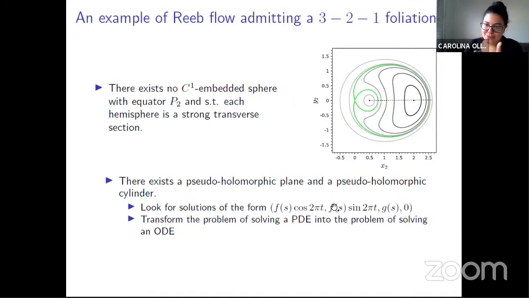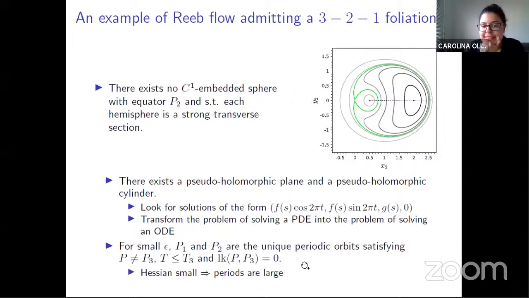And so when you put it into the Cauchy-Riemann equation, we will end up with an ODE in f of s and g. So we can actually solve this ODE, and in the end, we can show that these pseudo-holomorphic curves really exist. So this hypothesis is checked.